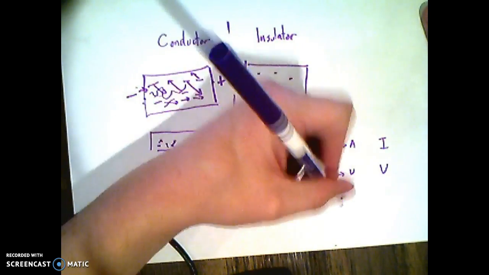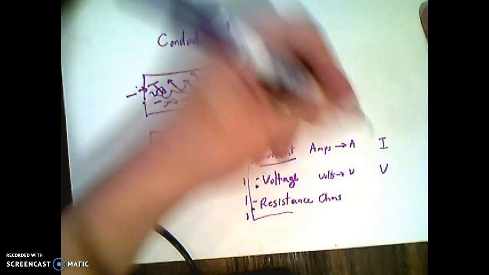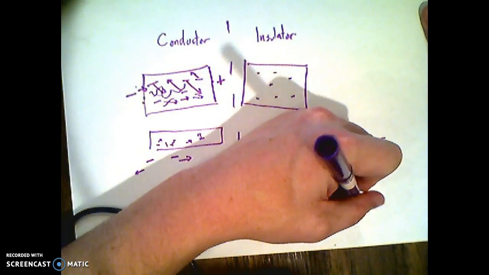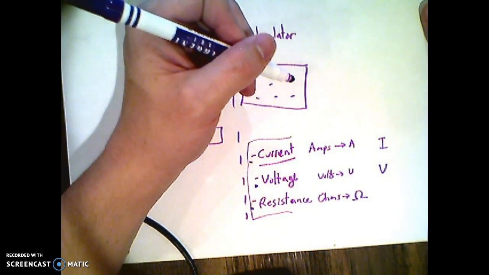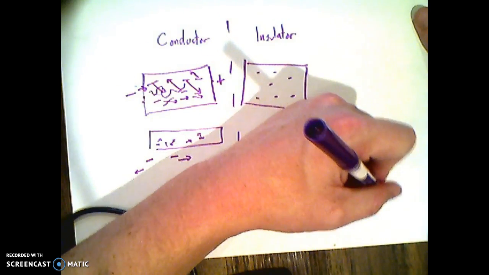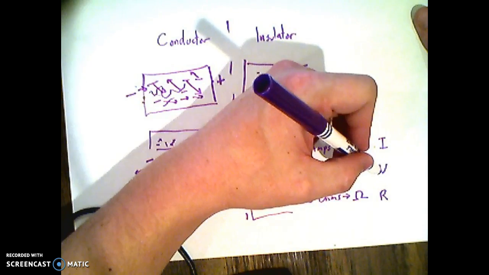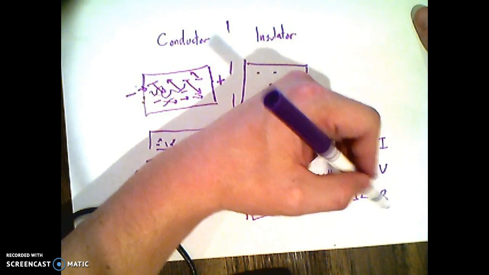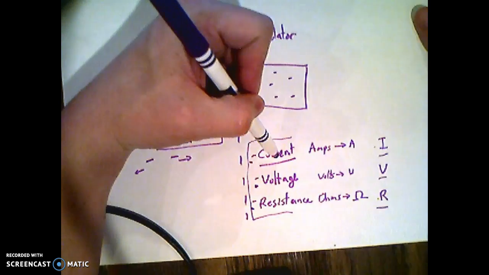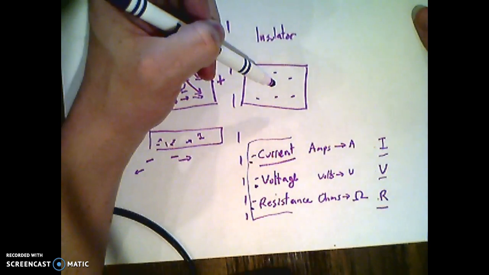And then resistance is measured in ohms, O-H-M-S, and the symbol we use for the unit ohms is omega, the Greek symbol. And the variable we use for resistance is R. So these are the three quantities we'll be comparing as we talk about current, voltage, and resistance.